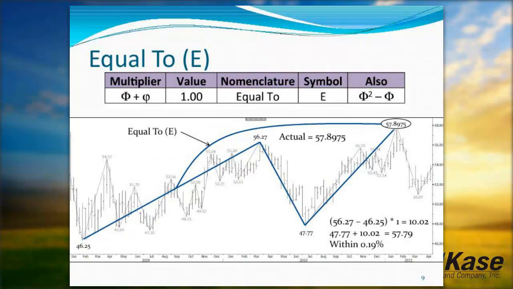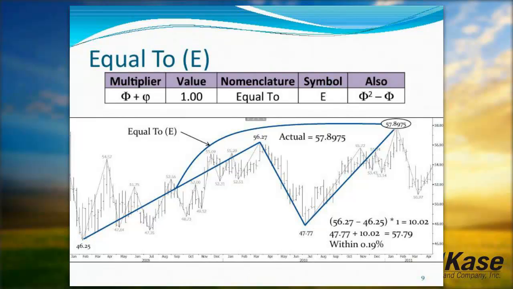Here we have the equal to wave projection. In this case, we have the wave 46.25, 56.27, 47.77. The formula we're applying is to take the difference of the impulse portion of the wave, the X, Y. So we're taking Y, which is 56.27, minus X, which is 46.25.